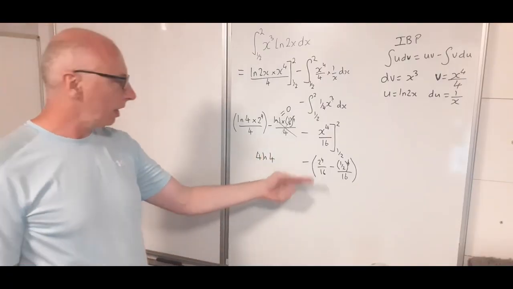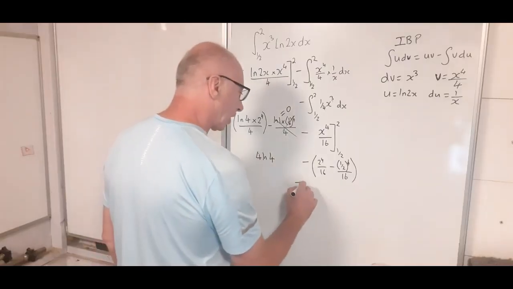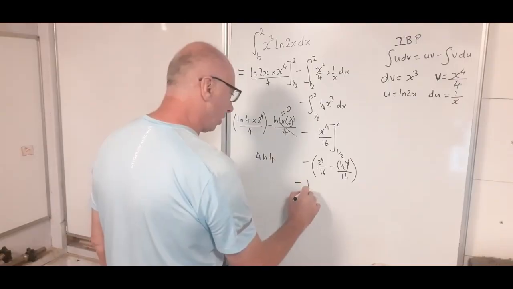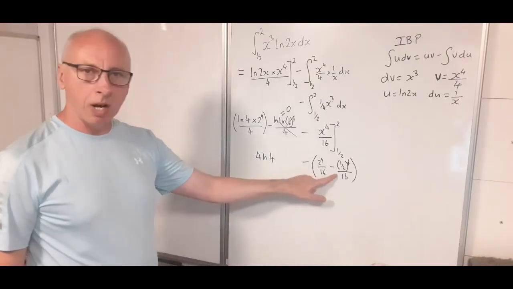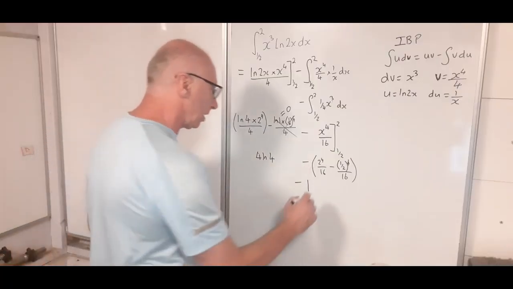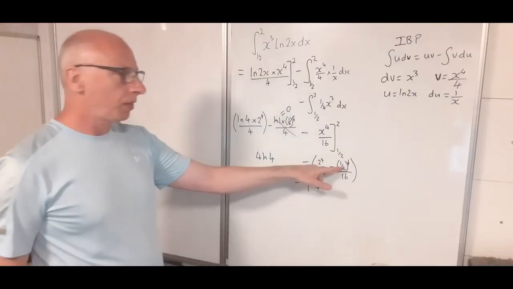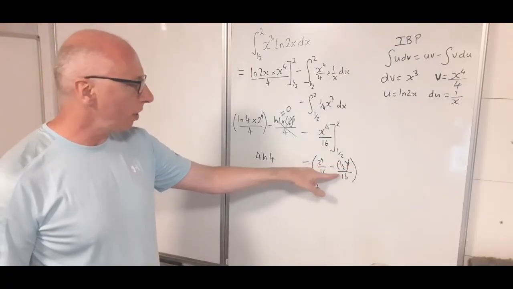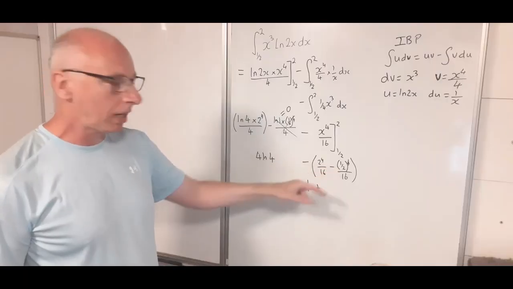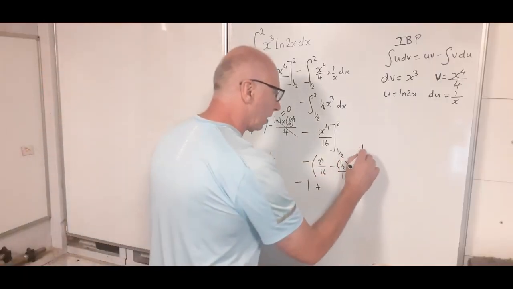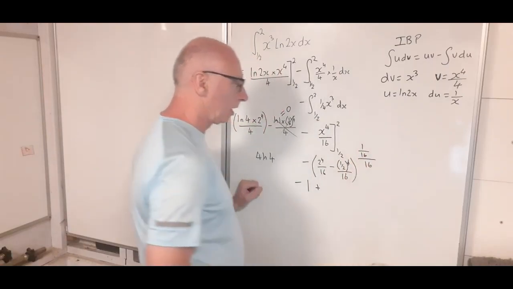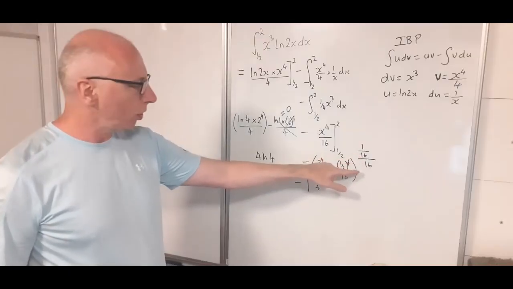Okay, now let's do some simplification on this one. 2 to the 4 is 16, over 16, that just gives me 1. And then put in a minus. With a minus, I need to add half to the power of 4. Well, 2 to the power of 4 is 16. So that's 1 over 16 divided by 16. That's simply going to be 1 over 256.